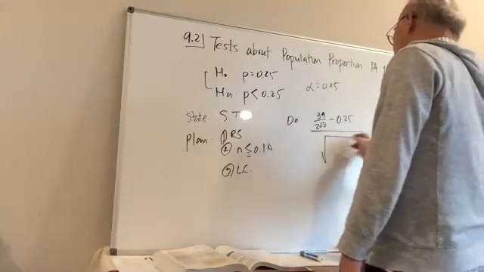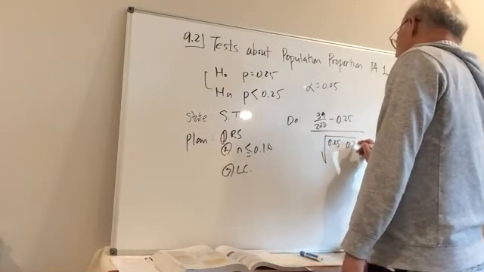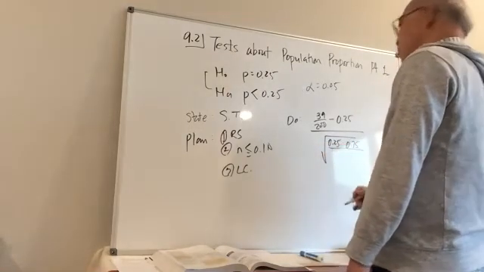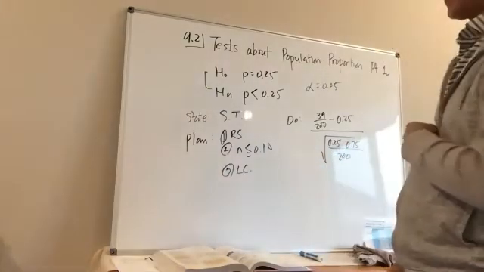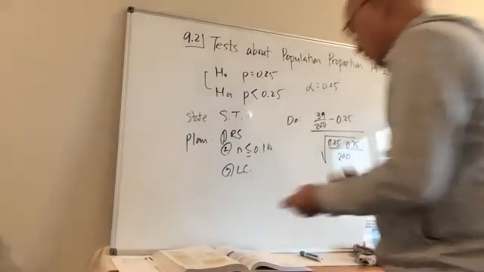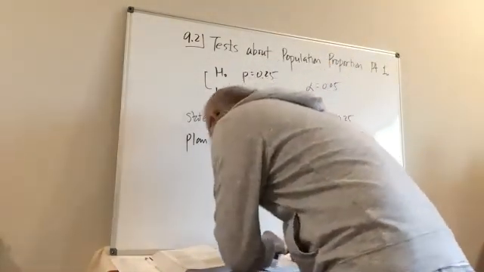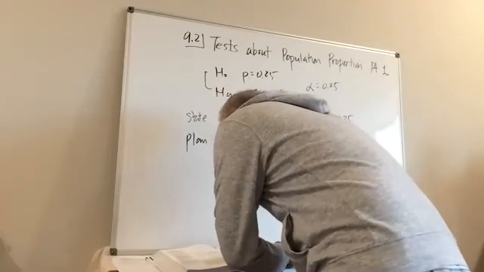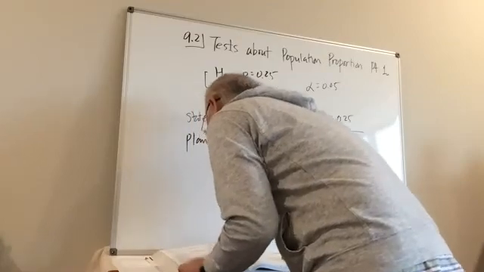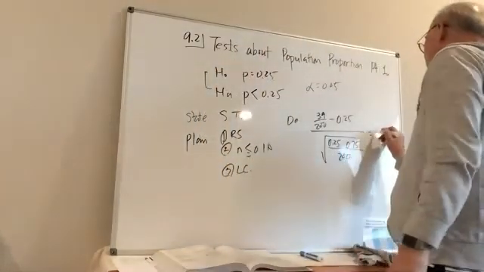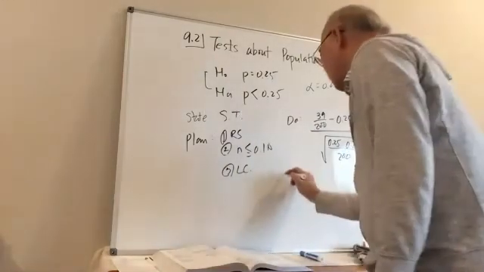And then we divide by the square root of 0.25 times 1 minus 0.25 over 200. If we do that, we get negative 1.8.